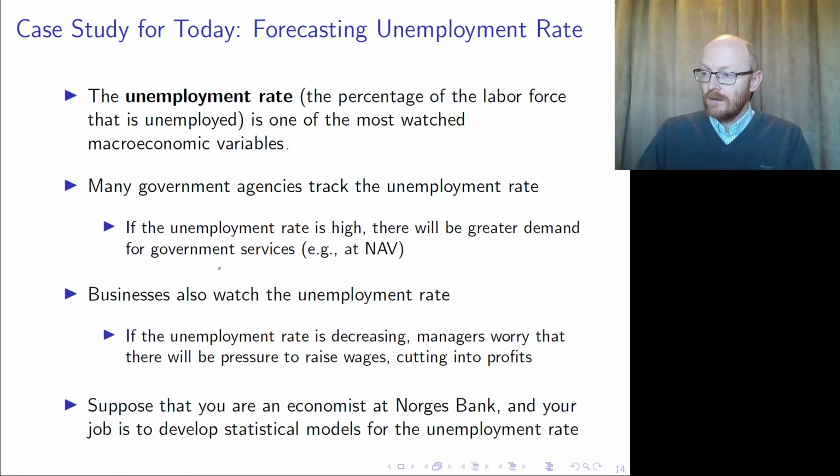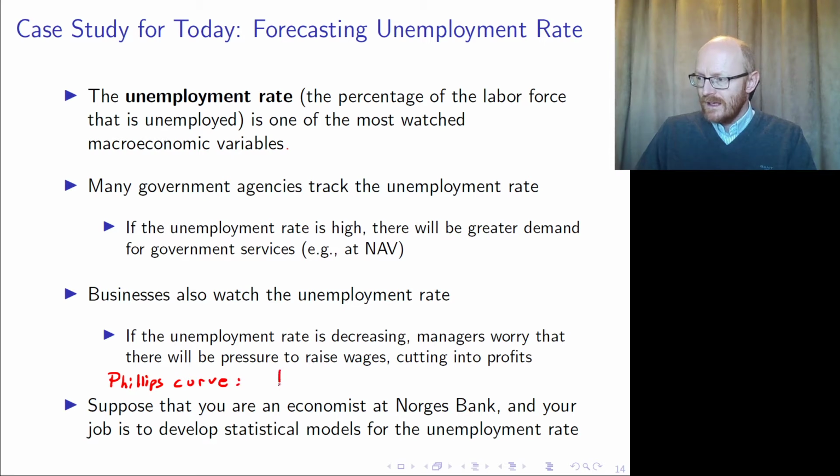Okay, so there will be a pressure on the wages, and this is often plotted as the Phillips curve.